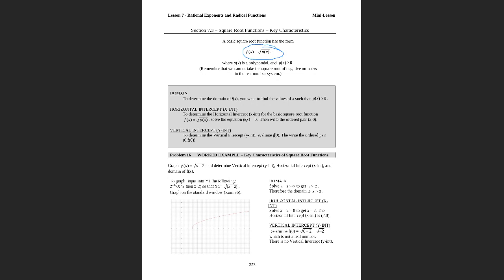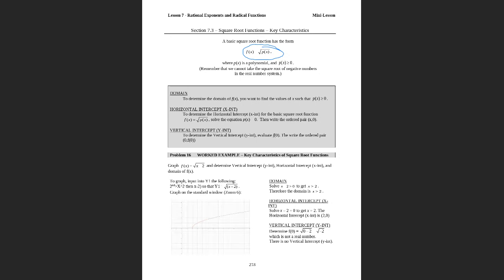All right. Now, with a basic square root function, let's look at the domain of these square root functions. To determine the domain of f of x, you want to find the values of x such that p of x is greater than or equal to 0. Why is that?